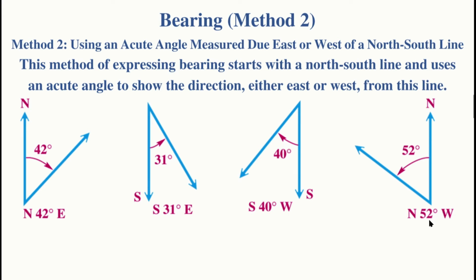And here we have north 52 degrees west, so from here you draw a north line, and then from there you measure 52 degrees in this direction. All right, and that's that. It's quite simple, except remember, you have to be careful about the two directions. Make sure you're going in the correct direction. Basically, from a north-south line, when you want to go east, you'll go to the right. When you want to go west, you'll go to the left, right?